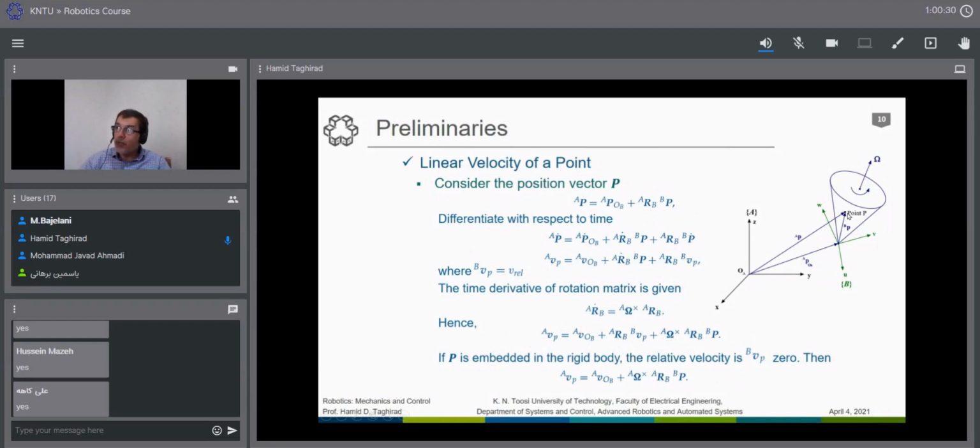This means that this point P is relatively fixed, so we don't have any relative motion. If this point P is embedded in the rigid body, the relative velocity is 0, and this three-term relation will be reduced into this two-term relation, and we usually use this one if the P term is embedded in the system. But if the point P is not embedded, it's like a pin that can move around something, then we have all these three terms.